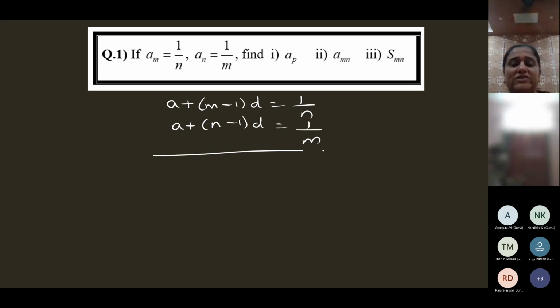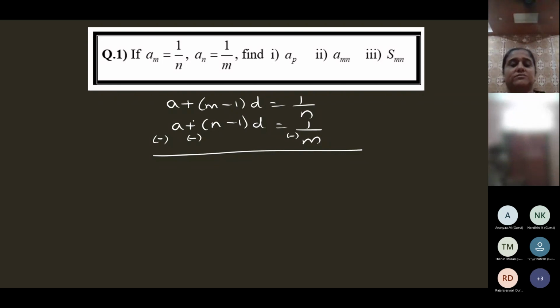Now, Priyanka, tell me, how will we solve these two equations? Linear equations. How do we solve two equations? Shall we change the signs, Priyanka? Yes, ma'am. So minus plus becomes minus, plus minus, plus minus.